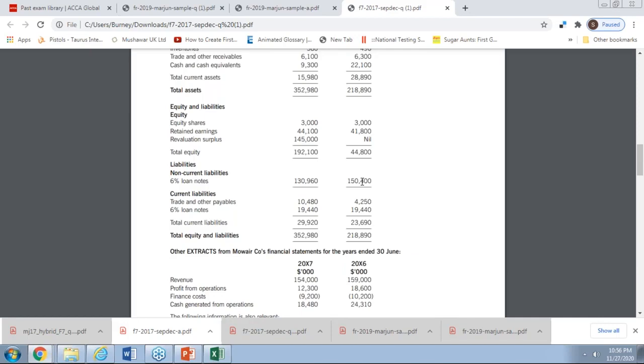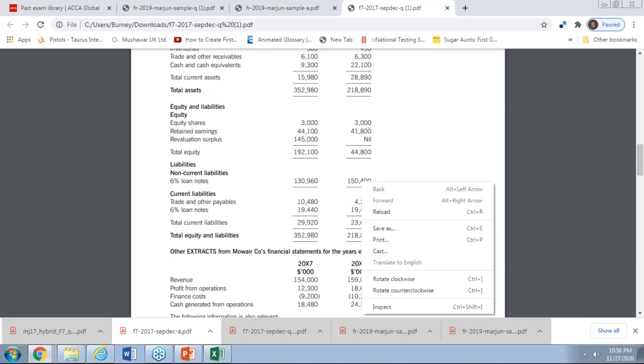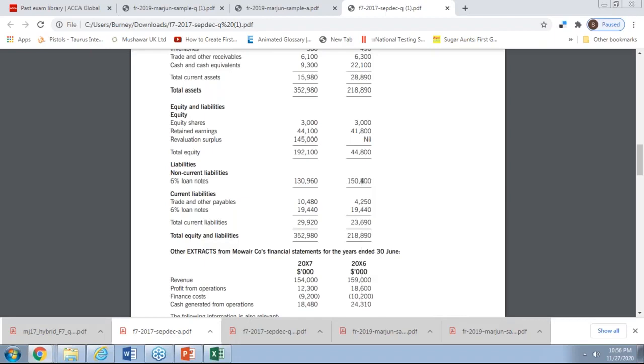So the shareholders' investment is lesser, the equity is lesser, and Moyer is mostly financed by the loan providers. This is also one of the concerns, that the company is actually in the control of the loan provider because they have invested more. Yes, the company is in a debt trap.